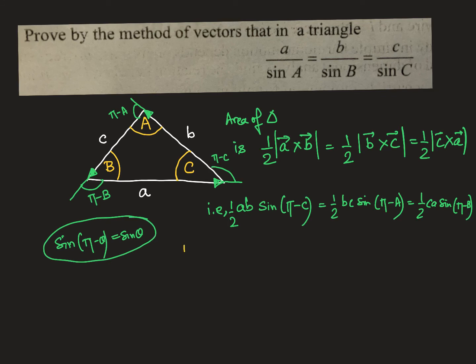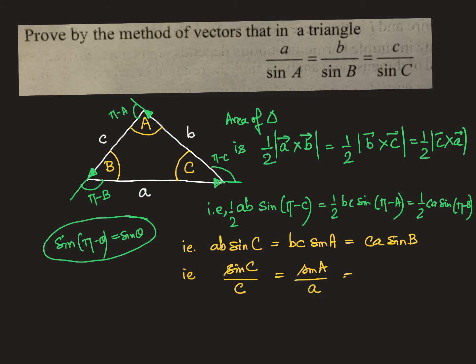So we can write AB sine C is equal to BC sine A is equal to CA sine B. Now divide by ABC. That means sine C by C is equal to sine A by A is equal to sine B by B. So thus we can prove this.